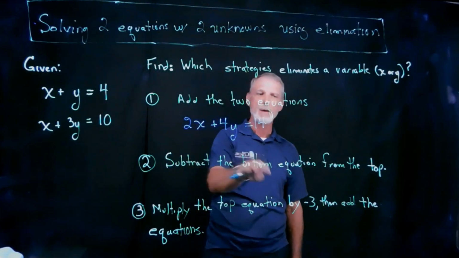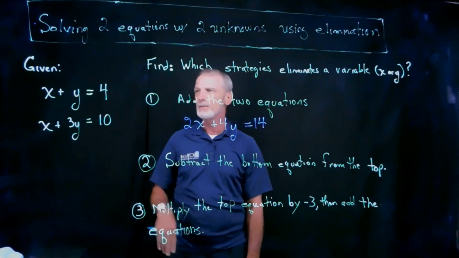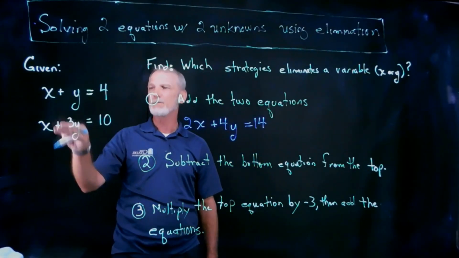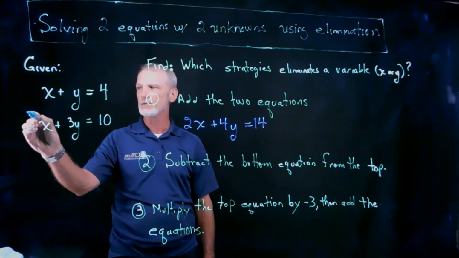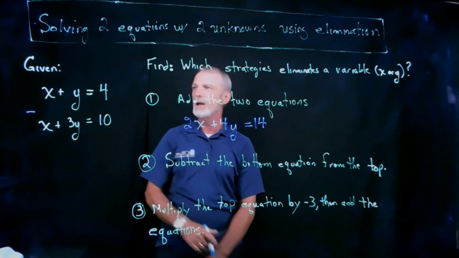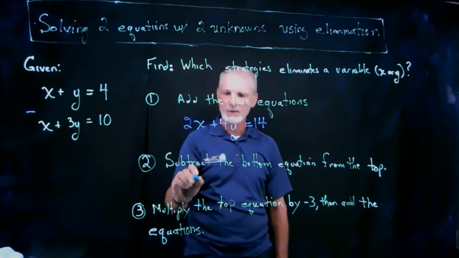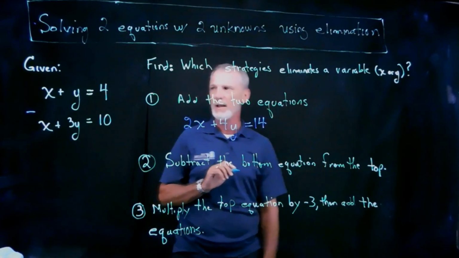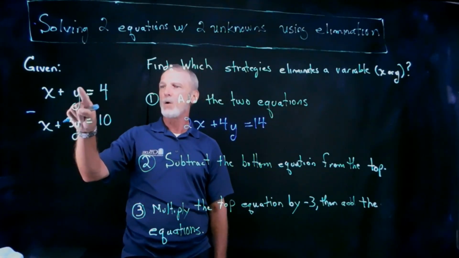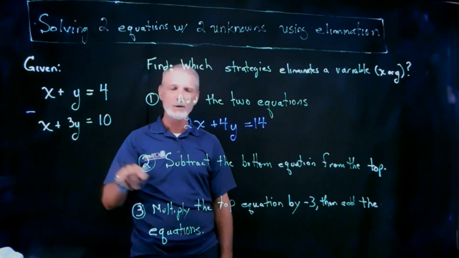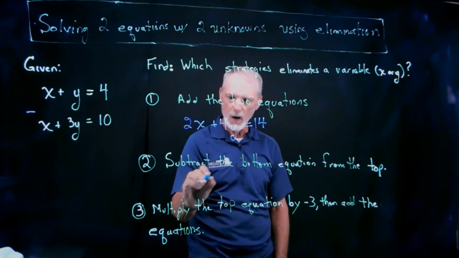So let's try a different strategy. Let's try to subtract the bottom equation from the top equation. If I subtract the bottom equation from the top equation, that's like putting a minus sign right there. So we get x minus x, which gives us no x's. I won't even write that down. And then I'll get a y minus a 3y, which is a minus 2y.